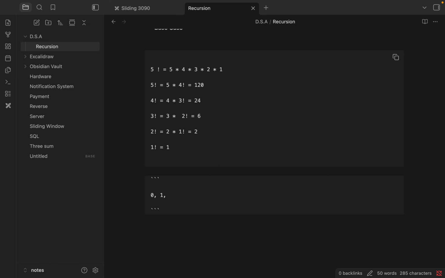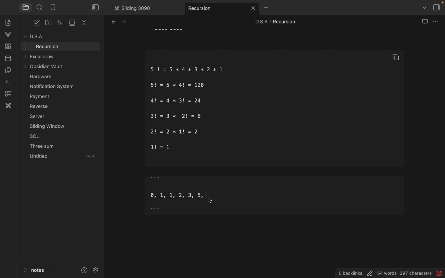We add 0 and 1, and at that point we get 1. Now again we add the previous two elements, 1 and 1, and we get 2. Again we add 2 and 1, and we get 3. Again add 3 and 2, we get 5, then 8.